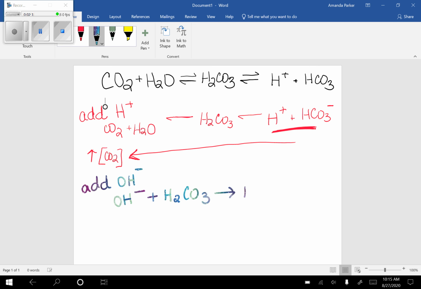That will give us a non-reactive species of water that won't harm us, plus some bicarbonate. So this is step one. Now I've had excess bicarbonate put into the system.